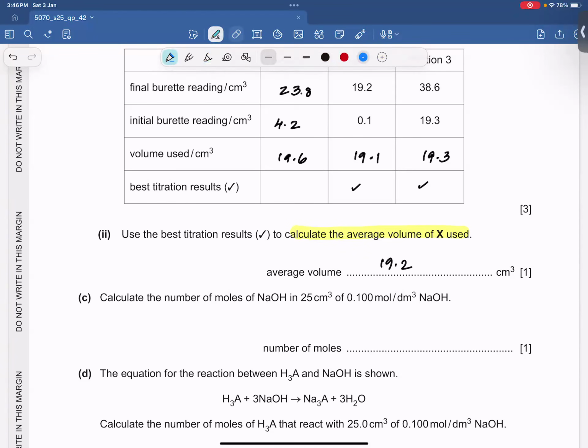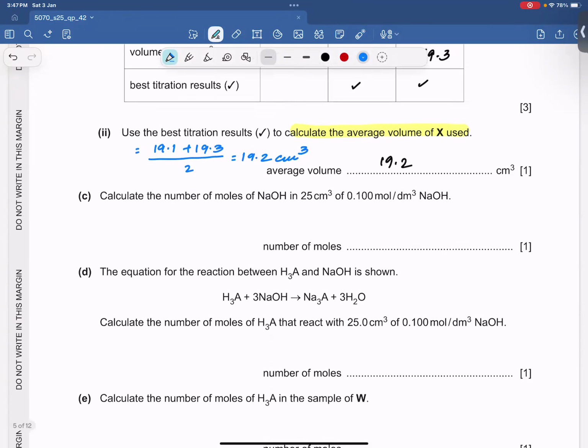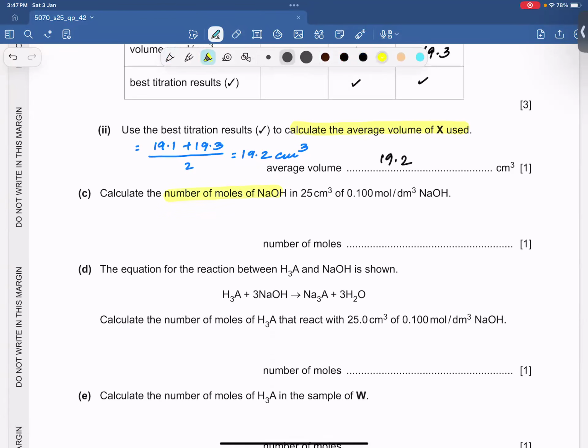And how can we calculate it? पहले भी बता चुके हैं आपको कि you need to add these two values and divide by 2. So exactly you will get 19.2 cm3. Calculate the number of moles of NaOH in 25 cm3 of this concentration. 1000 cm3 of NaOH contain 0.1 mole.